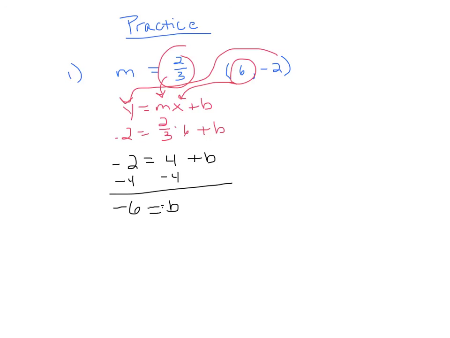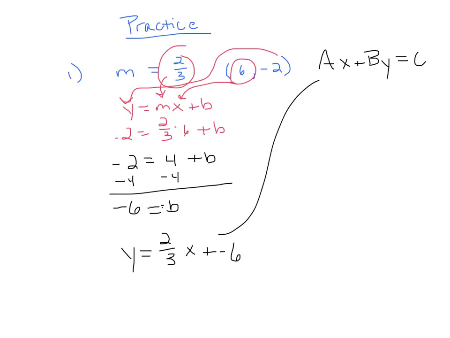We now want to turn it into standard form. The slope-intercept form looks like this: y is equal to 2/3 x plus -6. Now, we need to try and find Ax plus By is equal to C. So we have to turn this into that.